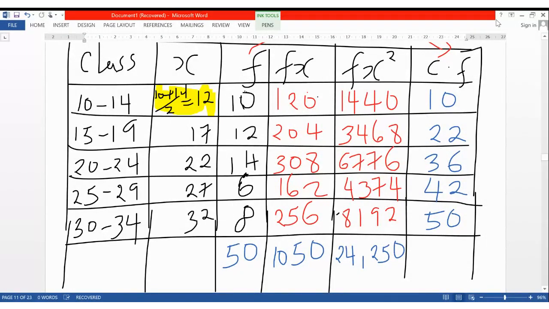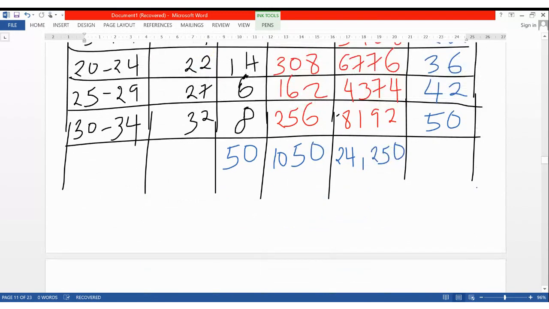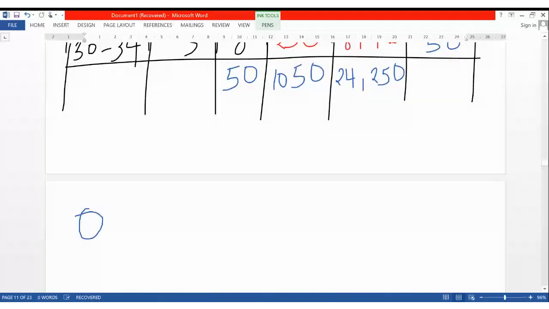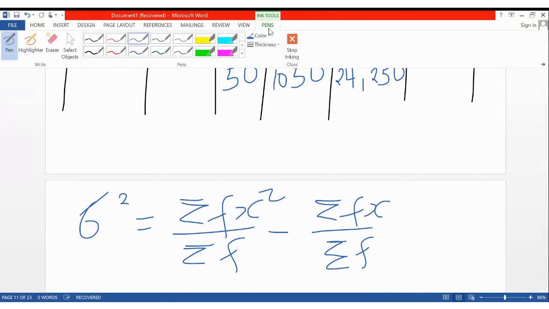Variance. So variance, this symbol squared, will be given by summation of fx all over summation of f, minus summation of fx all over summation of f, this one squared. Remember this one here, the whole of this one here, is the same as the mean.